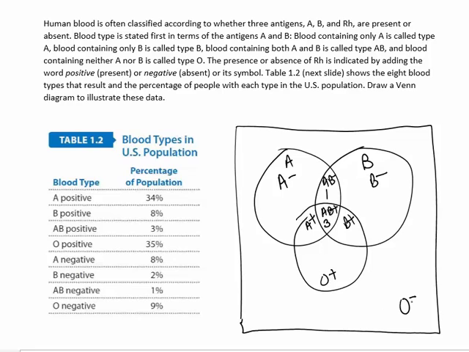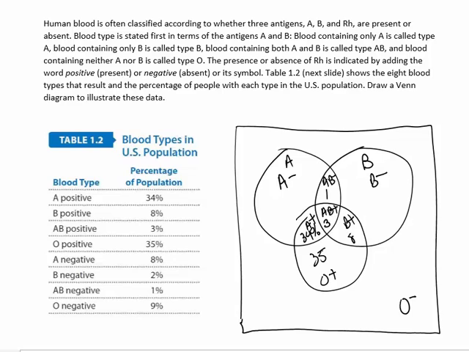All right, so then we can start filling in some of our numbers. So A positive would be the 34%. B positive would be the 8%. AB positive we already got. O positive would be the 35.